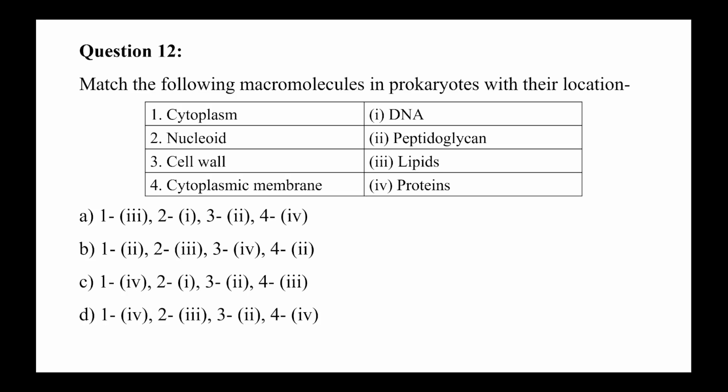Match the following macromolecules in prokaryotes with their location. The locations are given as cytoplasm, nucleoid, cell wall, and cytoplasmic membrane. And we have macromolecules on the right hand side: DNA, peptidoglycan, lipids, and proteins. So we have 4 locations and 4 macromolecules.